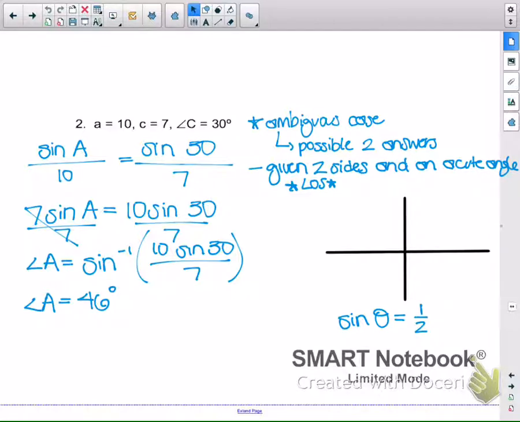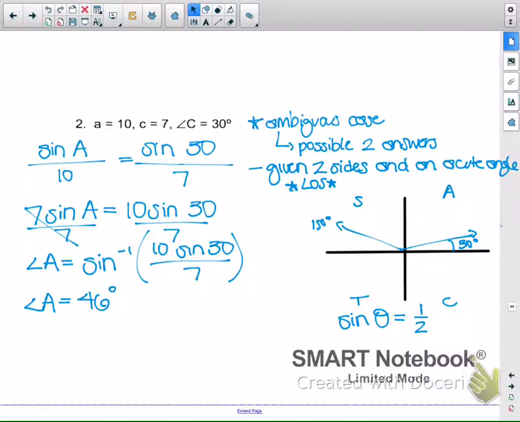Anyone remember where that happened? In the first quadrant, it happened at what reference angle? 30 degrees. But we also said that's not my only answer, right? Because of All Students Take Calculus, I can have 2 answers. Where else was sine positive? Over here at 150.